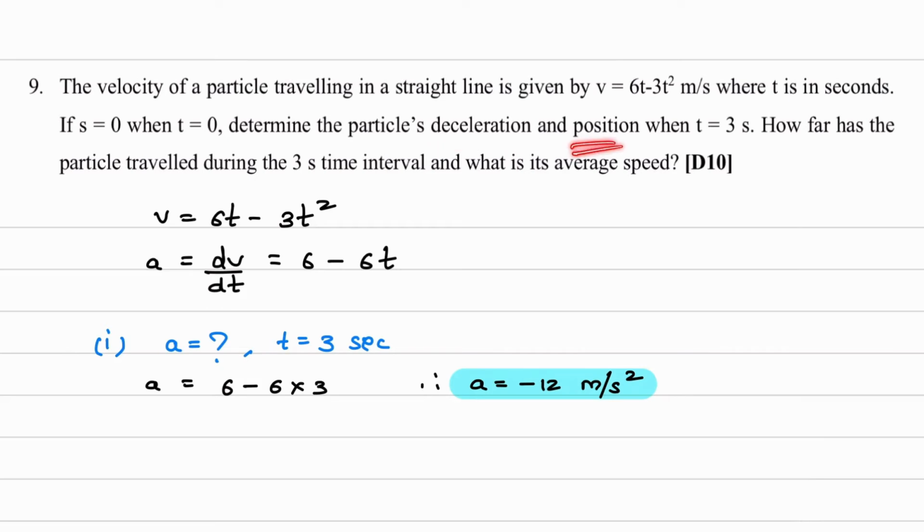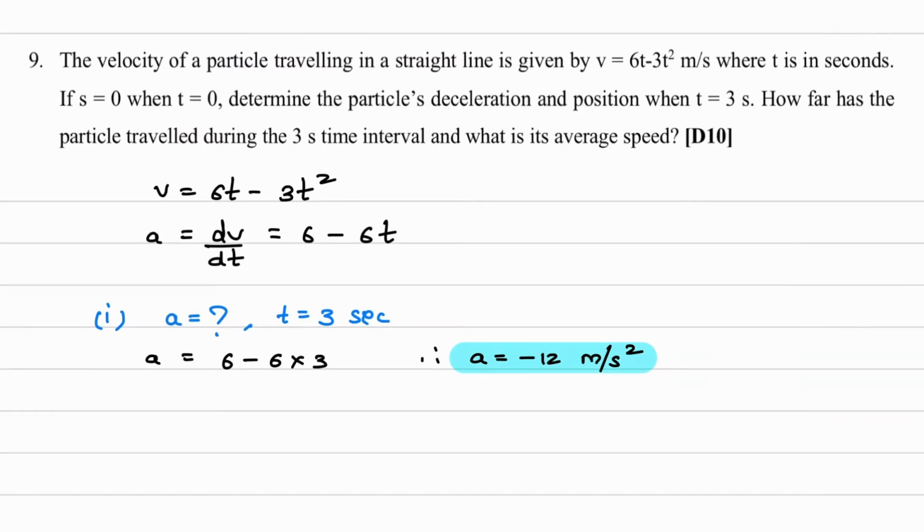The next one is position. In order to calculate position from velocity, how to do that? Velocity is dx by dt, so we'll use that relation. For the second part, we have to calculate s, position, when time is equal to 3 seconds.